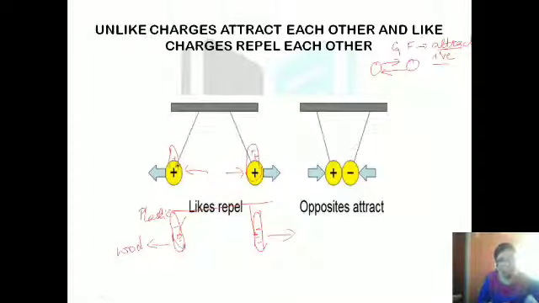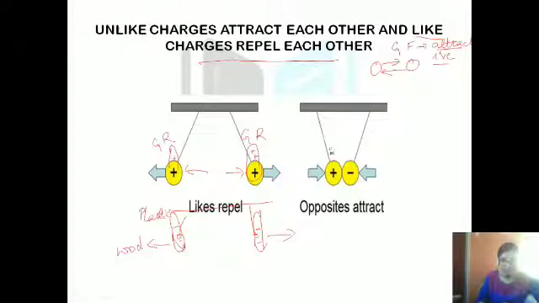When two charged glass rods were brought together, they moved away, and when we brought two plastic rods together, again they moved away. That means when the same kind of charge develops, they will repel. From that we can conclude that like charges repel each other.